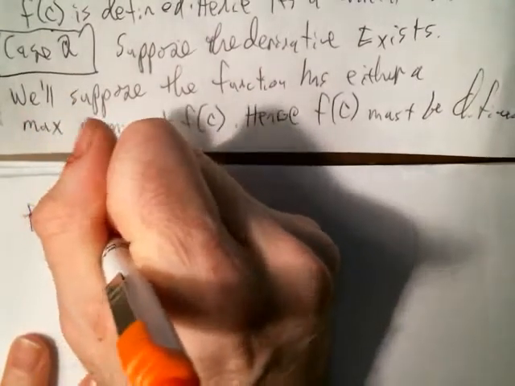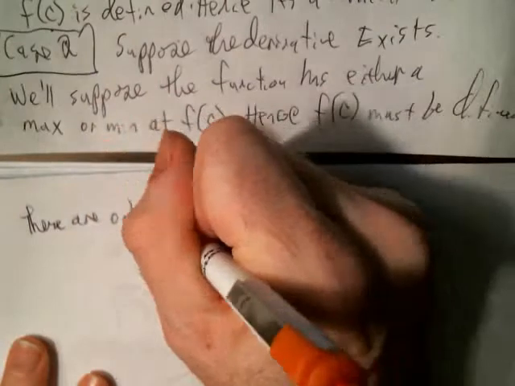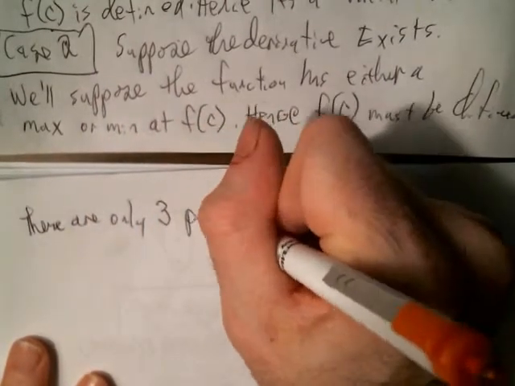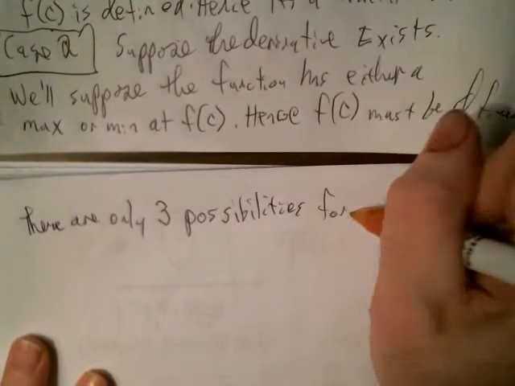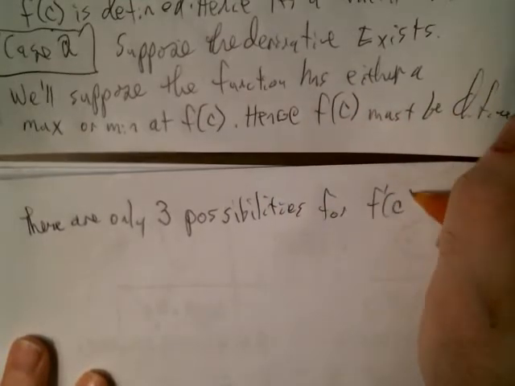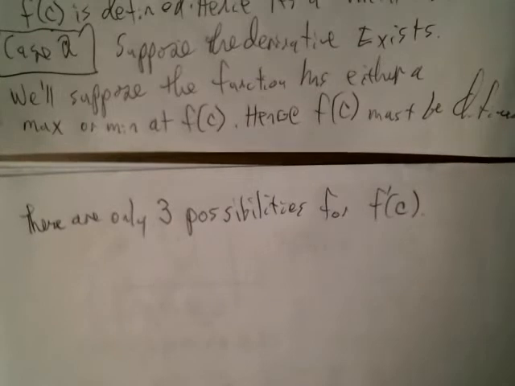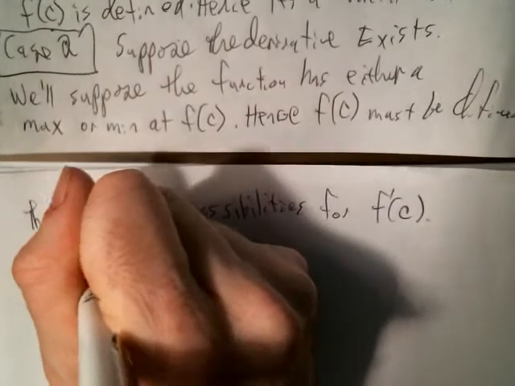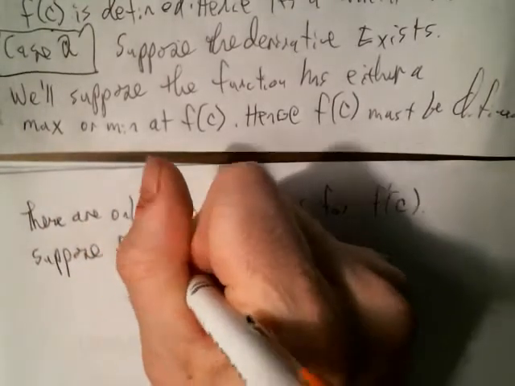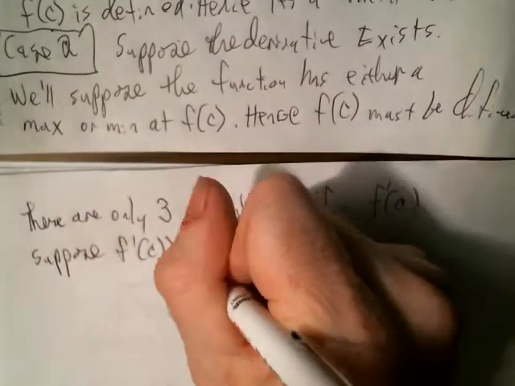There are only 3 possibilities for f prime of c. Right? Either f prime of c is equal to 0, which would be great, or f prime of c is less than 0, or f prime of c is greater than 0. Okay, so we're going to suppose f prime of c is greater than 0.